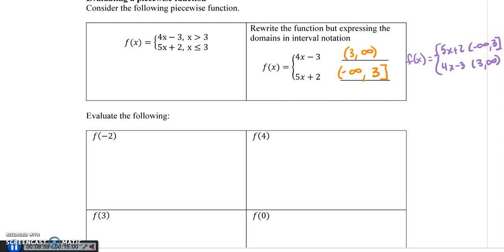So we plug -2 into that top part of this equation. It ends up being 5 times -2 plus 2, negative 10 plus 2, negative 8. So that would be the answer.